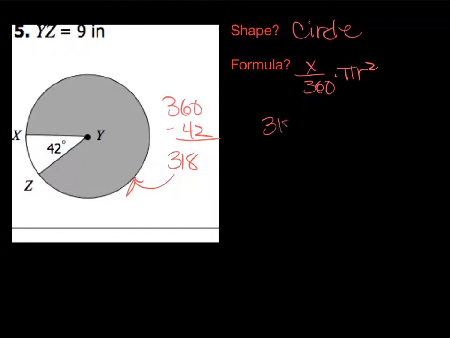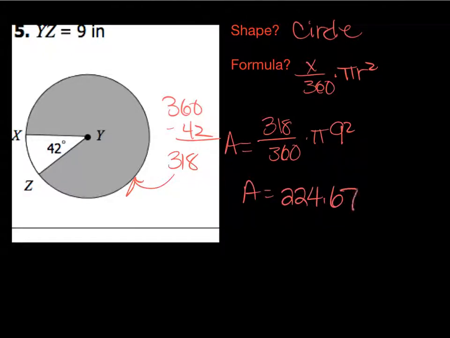So this is 318 divided by 360 times pi r squared. Well, y to z is 9, so this is going to be 9 squared. Click, click, click in our calculator, and we get that the area is equal to 224.67. And what's the units? Inches, and it's area, so it's squared.